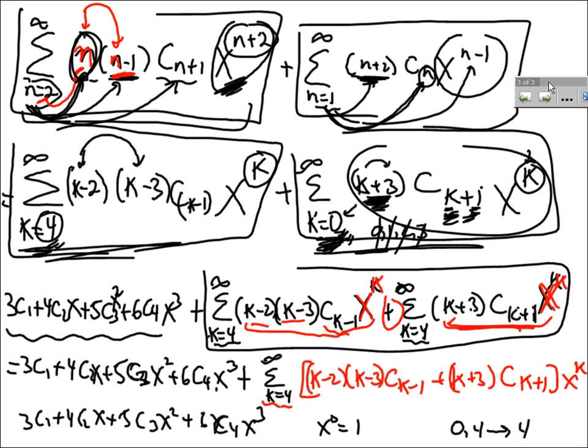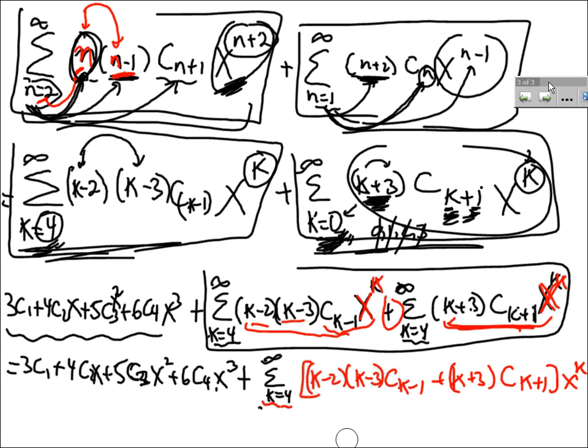Now, for the record, this answer on the very bottom is not unique. I could have rigged it where I started at 5, or 3, or 29. But we're going to leave it starting at 4. Of course, if I messed with where it started, well then that power would change.